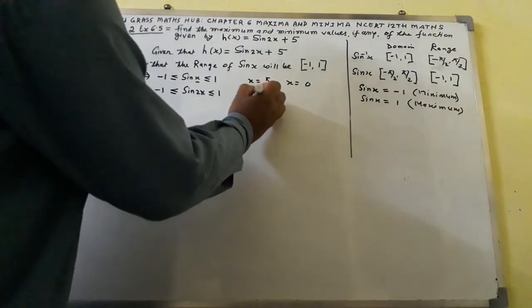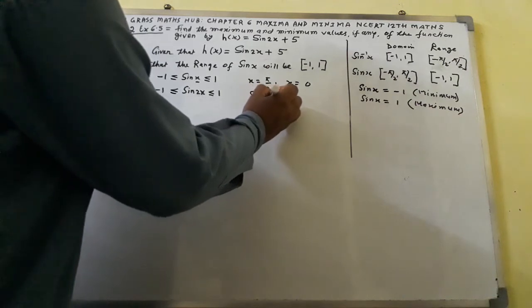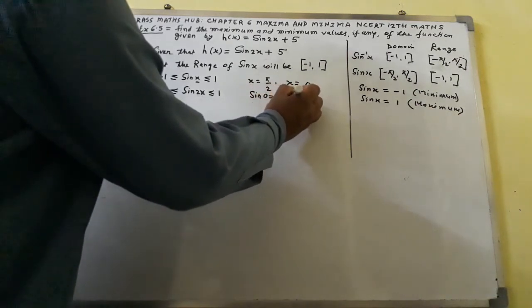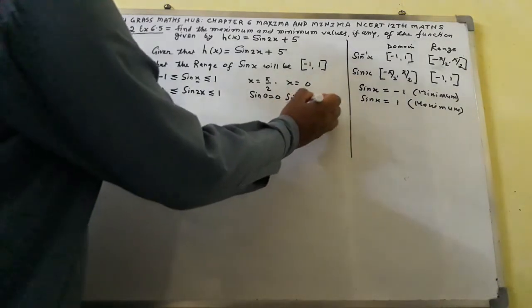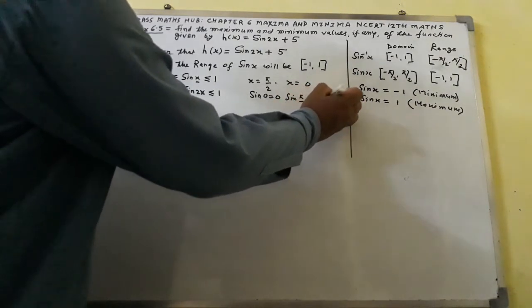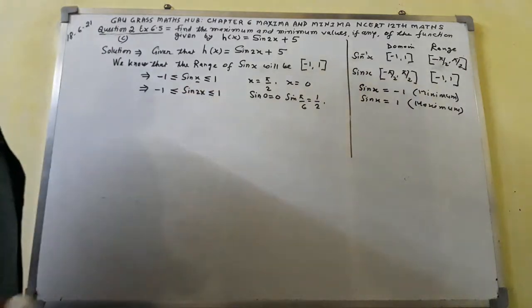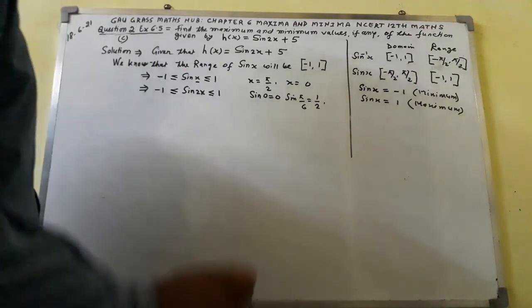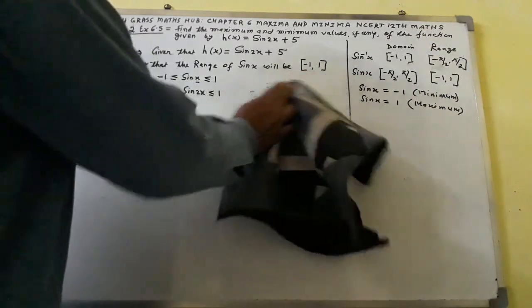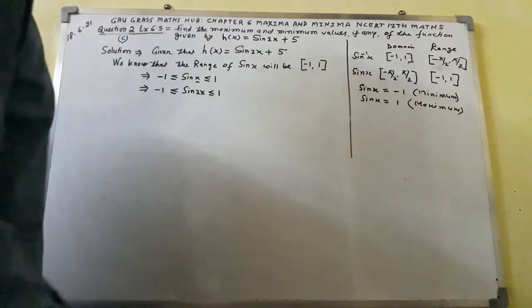Sin 0 degree equals 0, sin pi by 6 equals 1/2. Like this you must remember. This is for reference I have written here.